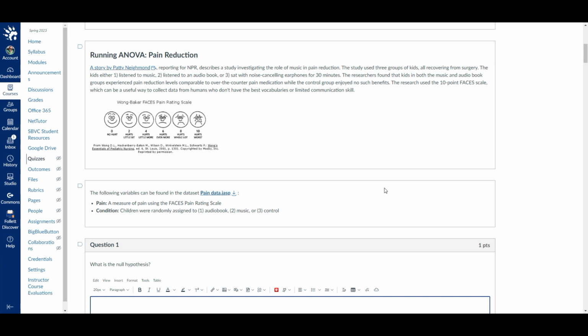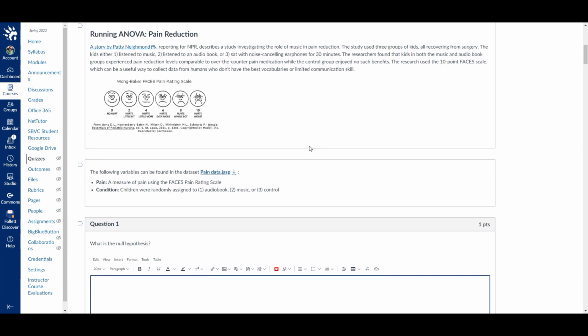The research used the 10-point FACES scale, which can be a useful way to collect data from humans who don't have the best vocabularies or have limited communication skill. And here's an example of what that looks like.